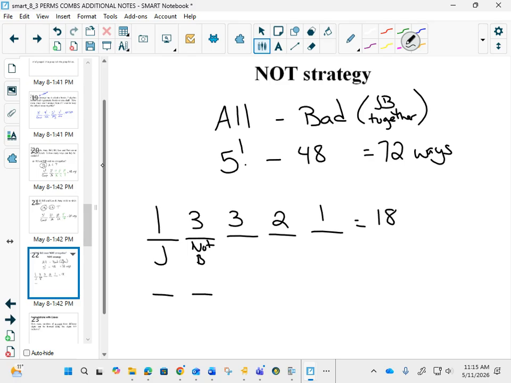Next, it could be possible that Jill was there. Do we have any restrictions? This is not Bill. This is not Bill. How many choices do I have here? 3. How many choices do I have here? Well, this is 1 because Jill is there. How many choices do you have here? 2. How many left? 2 and 1. This will be 12 ways.